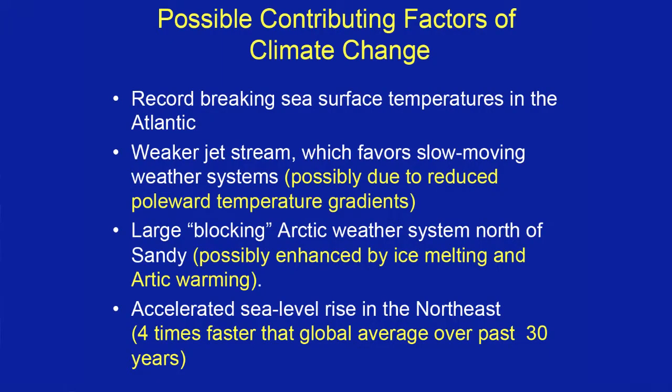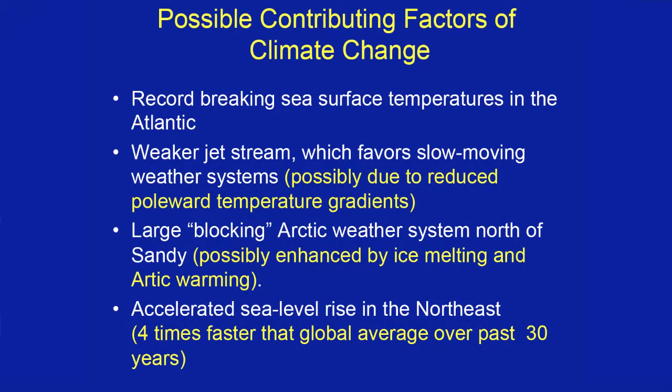Why? Some studies indicate that climate change might lead to weakening of the jet stream. Another signature is that a blocking Arctic weather system was right north of Sandy, and that actually helped to drive Sandy to the left, to the west.